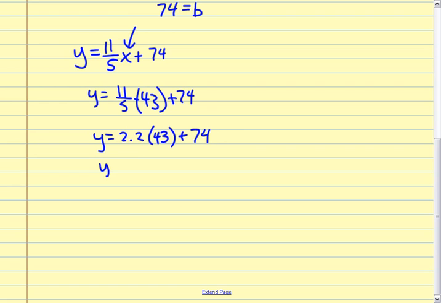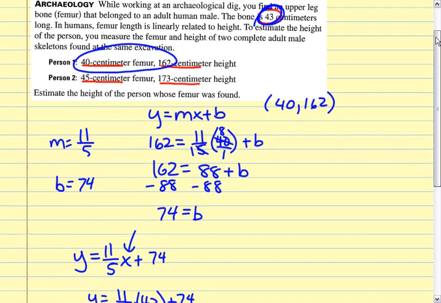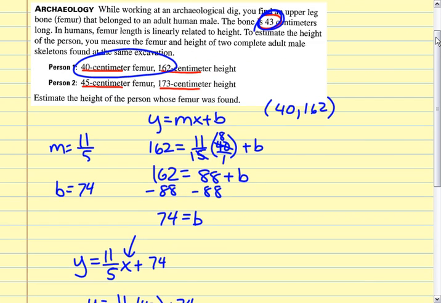Then I add 94.6 to 74, and that gives me 168.6 centimeters. That's what we would expect. And we'd expect it to be between these two, because 43 is between 40 and 45. So we got 168.